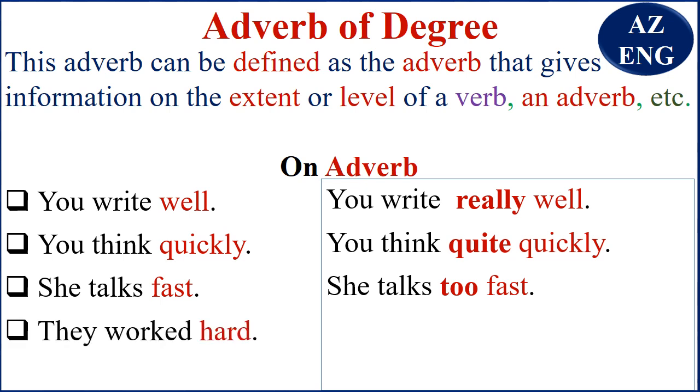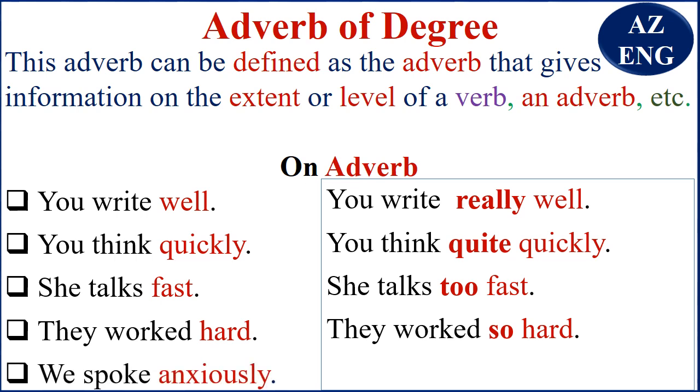They worked hard. They is a pronoun, worked is a verb. Hard is the adverb. In the example, they worked so hard. So is the adverb that modifies the adverb hard. The last example: we spoke anxiously.